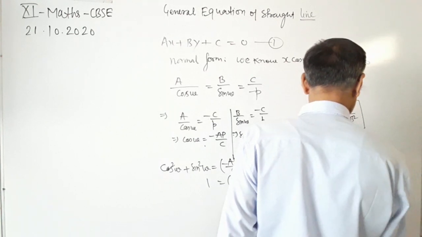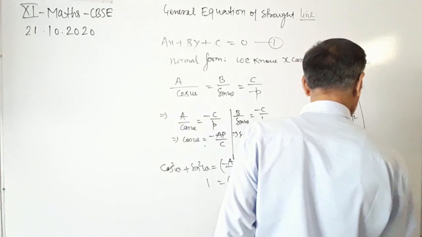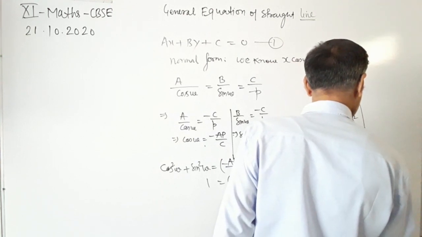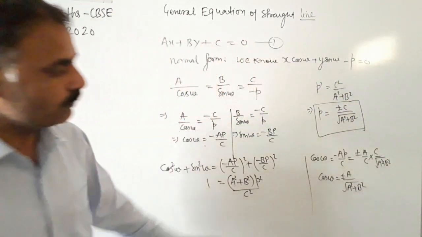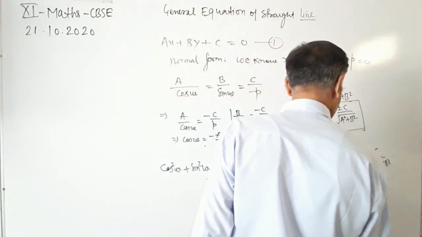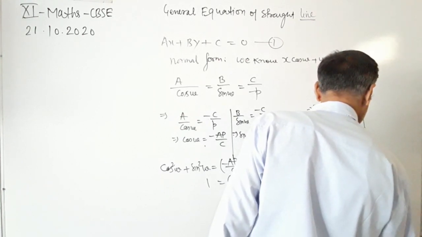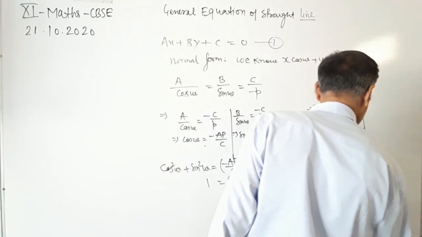So c will cancel c, so cos omega equals plus minus a upon under root a square plus b square. Similarly, sin omega equals plus minus b upon under root a square plus b square.